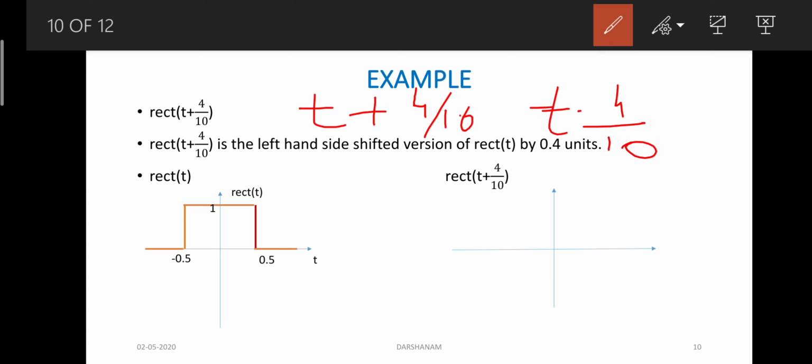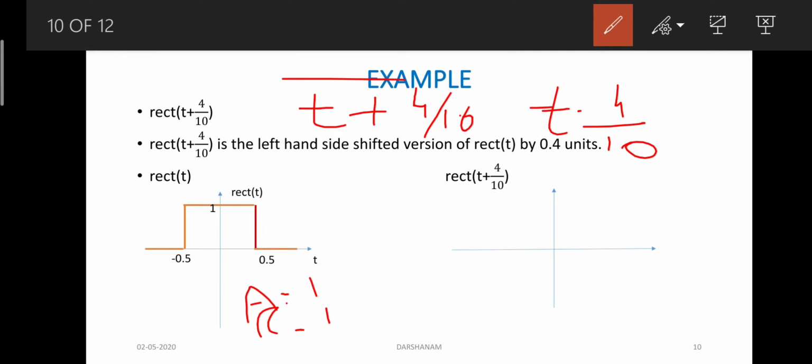So let's start with the basic equation of rect of t, where A equal to 1 and tau equal to 1. The waveform will look like this, and we have to shift it to the left hand side to get the correct answer.